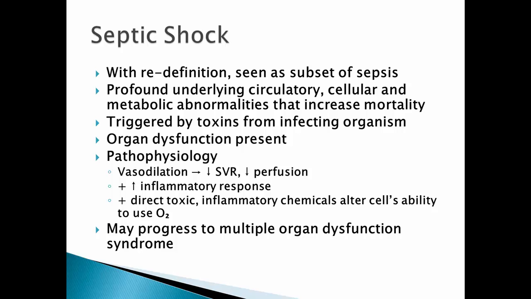In addition to the vasodilation, we have that heightened inflammatory response, and it's also associated with direct toxic inflammatory chemicals that are changing that cell's ability to actually use the oxygen that is being delivered to it. And certainly one of the things we're concerned about in all shocks, but especially with a septic shock, is the potential to progress to a multiple organ dysfunction syndrome.